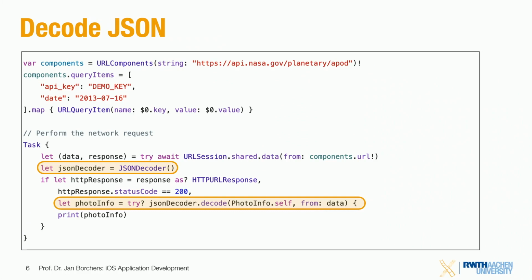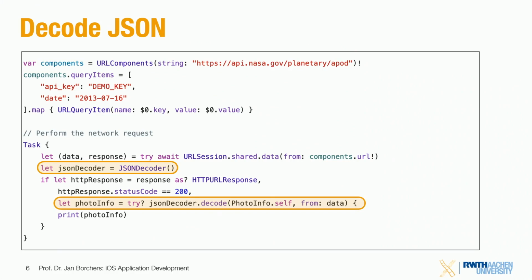So going quickly over the code, since it's the first time we have the code today, we have our components that we initialize with the general URL that we want to create, and then we add the query items. So for the API key, using just this demo key, and the date that we want to query the data from, creating individual query items for each of those key value pairs.